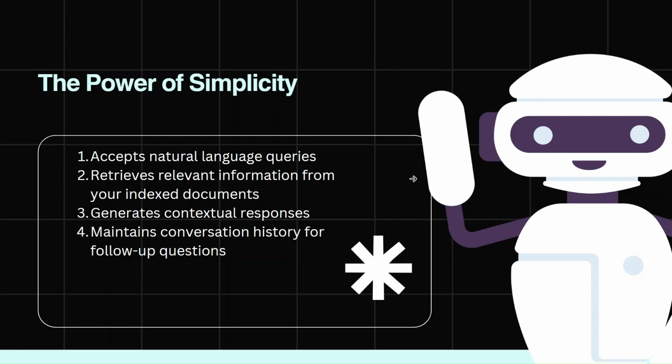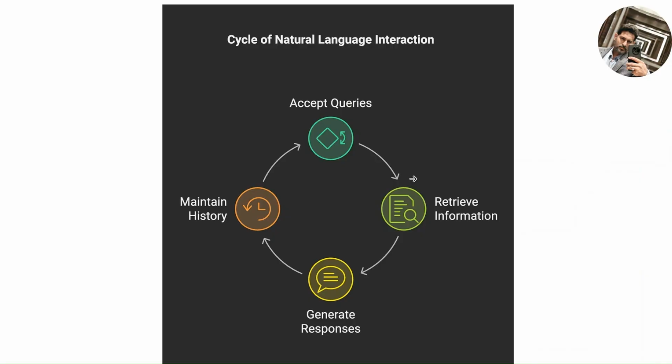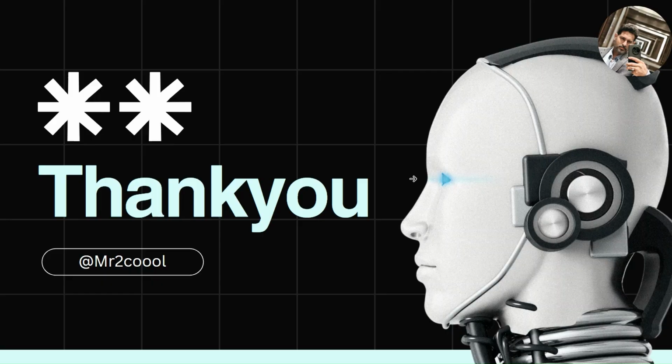They have a history and follow up on the questions. Most chatbots nowadays automatically understand your follow up questions, and that is going to help here. It's a cycle of natural language interaction: it accepts your queries, retrieves the information, gives the response, and maintains the history.